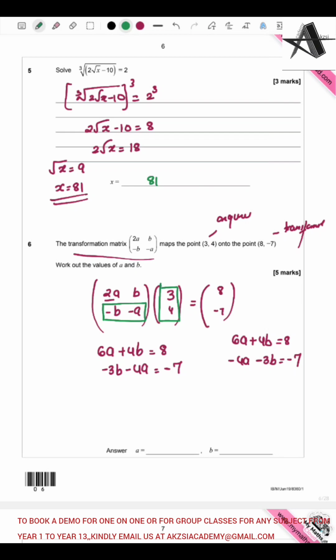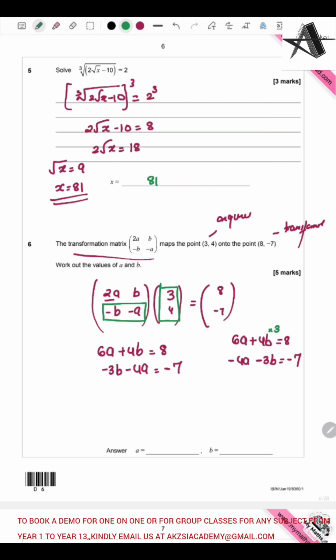If you want to make the coefficient of b the same, you have to look at what the coefficients of b are. It's 4b and it's negative 3b. So the coefficients are 4 and negative 3 and the LCM is 12. If I want to make 4 into 12, I need to multiply it by 3. But as I said, in mathematics, whatever we do to one side, we have to do to the other side as well to maintain the balance.